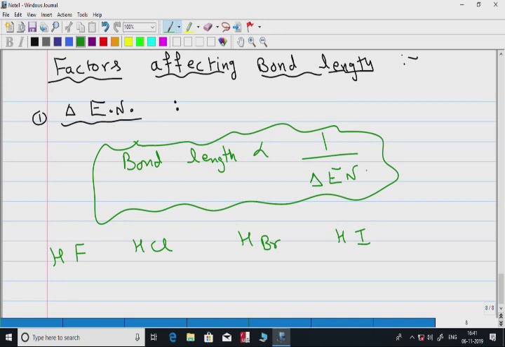I hope everyone has attempted that. Just confirm for me, have I written the right answer? Is it the right answer? Guys, check and tell me, have I written the right answer?